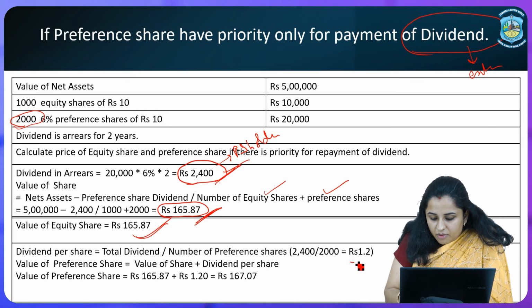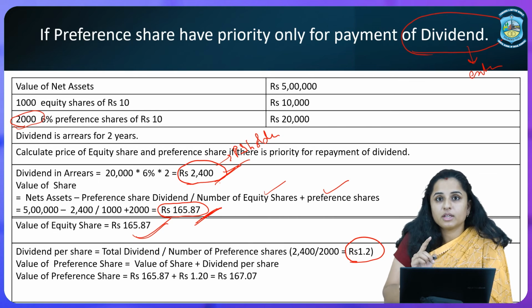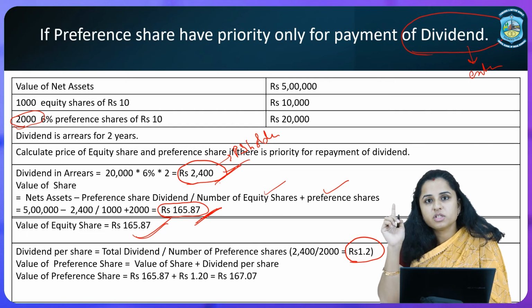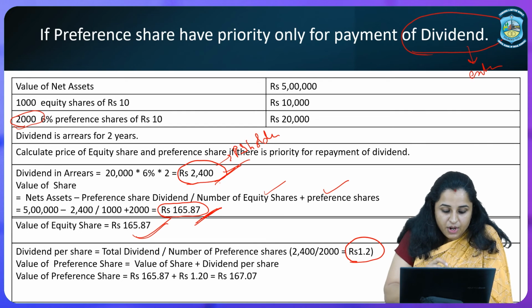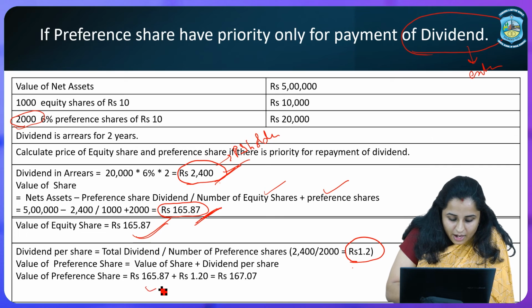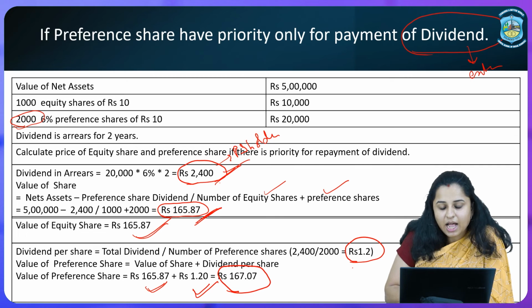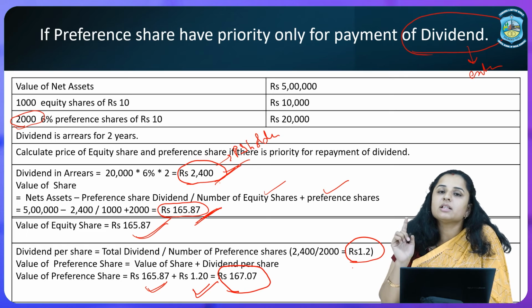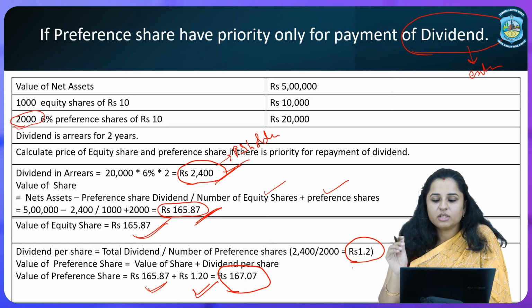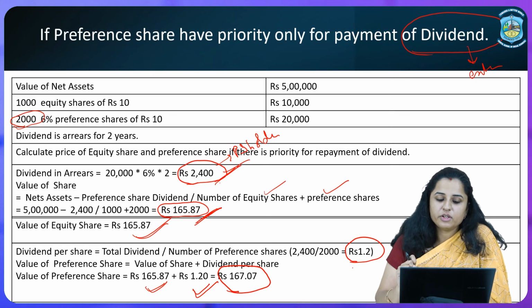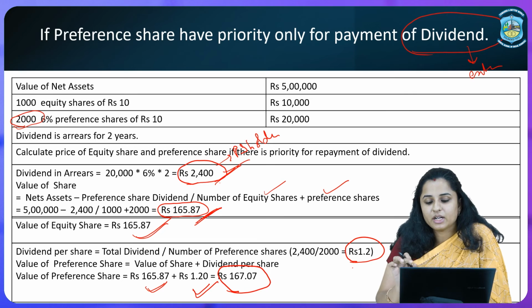That means every preference share is going to get 1.20. So this 1.20 I am going to add to 165.87. So I will get the value of preference share as 167.07. So this is how you are going to solve the situation in which you get a question in which priority is given for the payment of dividend.